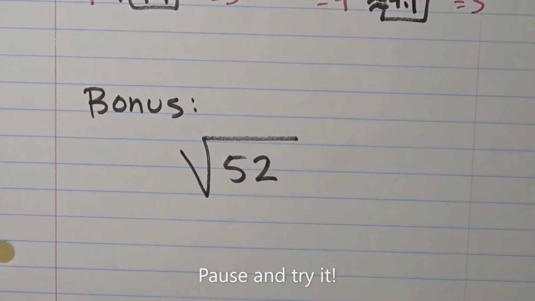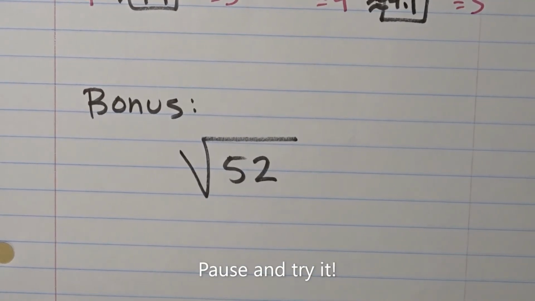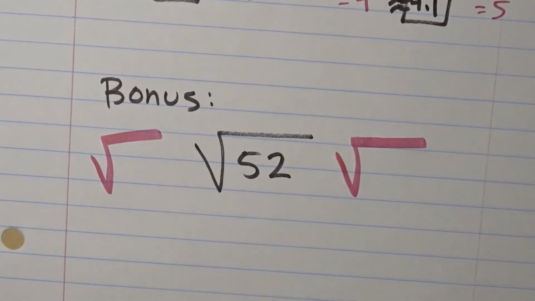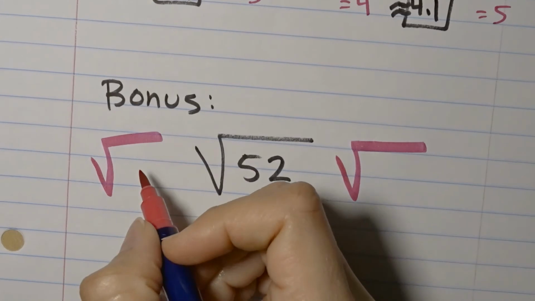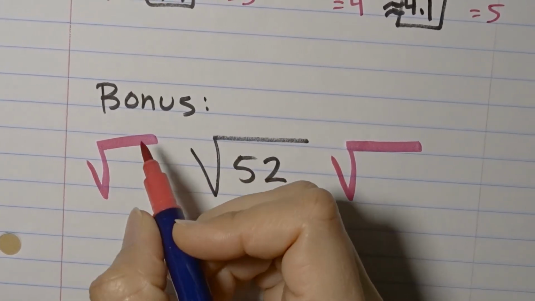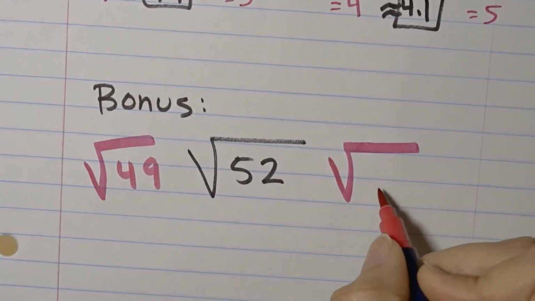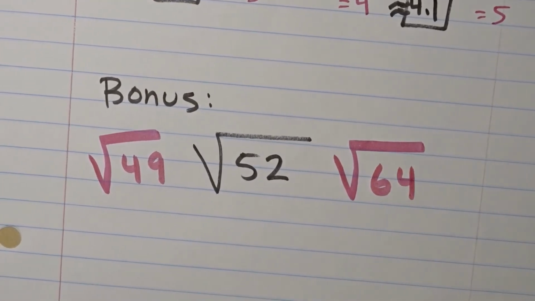Think about it. All right, we should have put here the square root of 49 is before 52, and the square root of 64 is after 52.